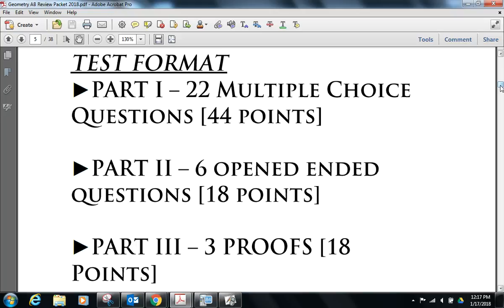Proving triangles congruent. And the different kind. Indirect proofs. Proof by contradiction. Those are the 4 big ones we've gone over. They are in your packet.